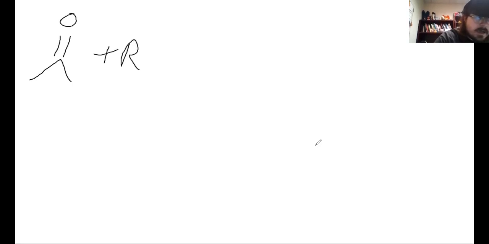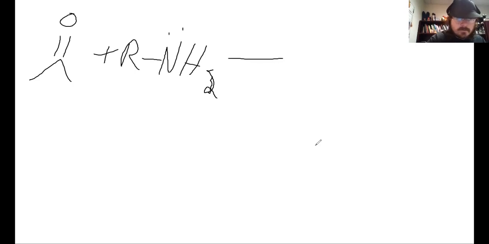So what we're gonna do, take a ketone, for example, and we're gonna add an amine. And in the presence of acid, we're going to form this compound, this intermediate.